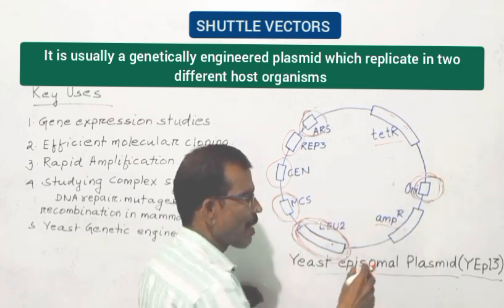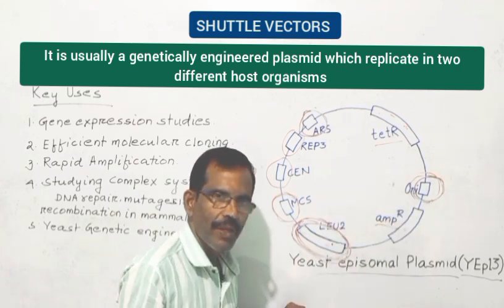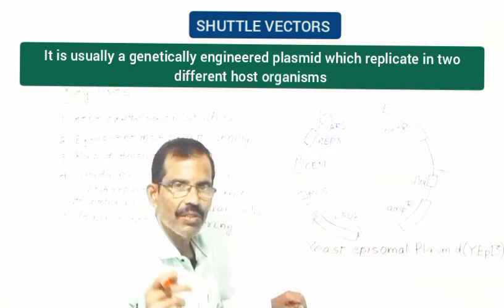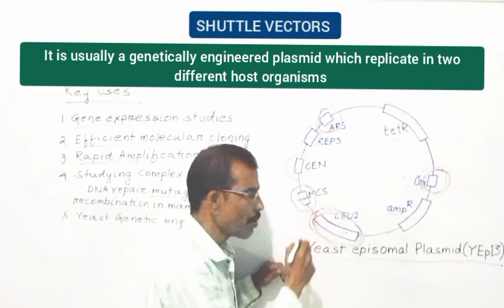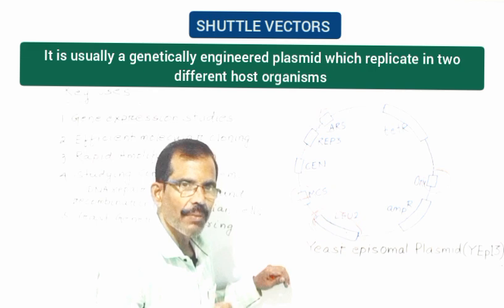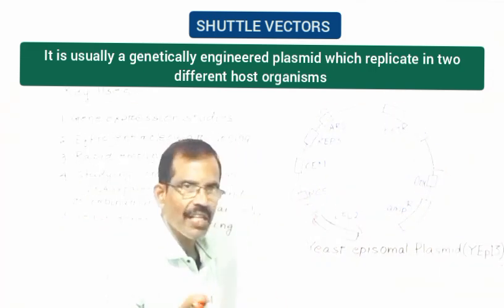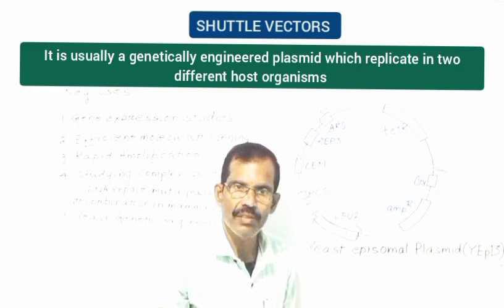This plasmid replicates in both yeast and E. coli. So by using the shuttle vector, the foreign genetic material or transgene inserted into the multiple cloning site can be rapidly cloned in E. coli, followed by its transfer to yeast for functional analysis.